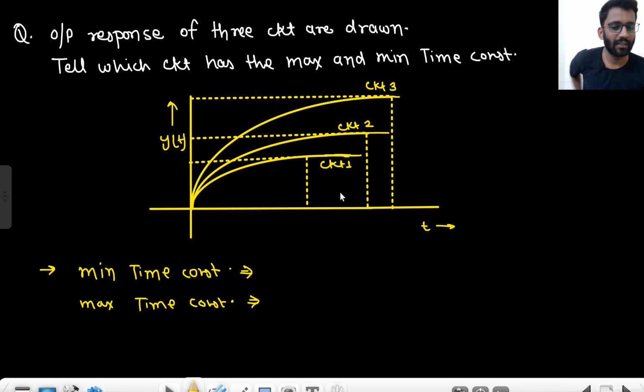That means it has the maximum time constant, right? Because it is taking more time to reach the final value. And minimum time constant is circuit 1, because it is taking very less time to reach the final value. So it has very less time constant.